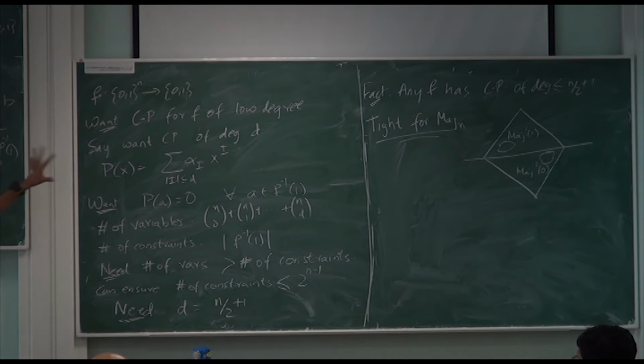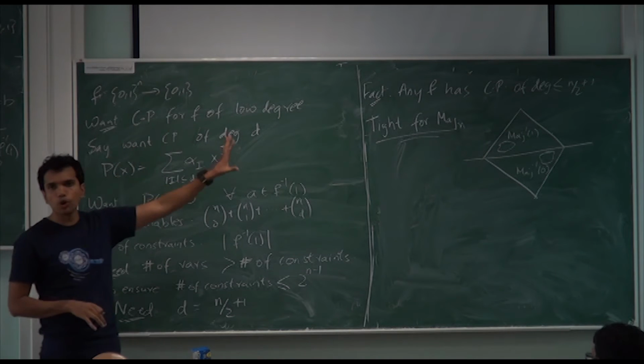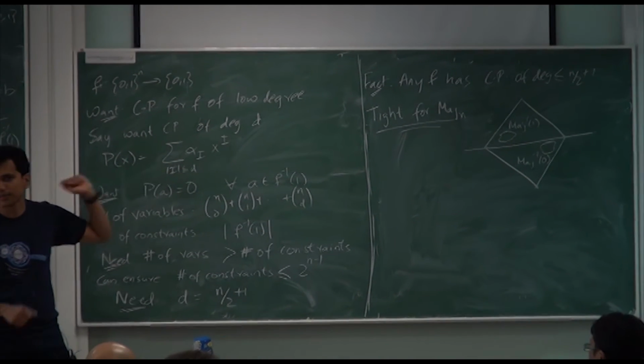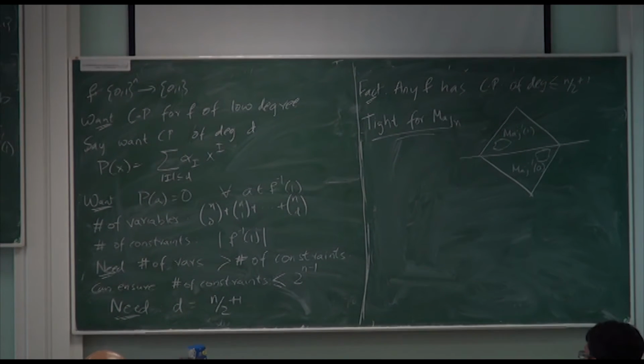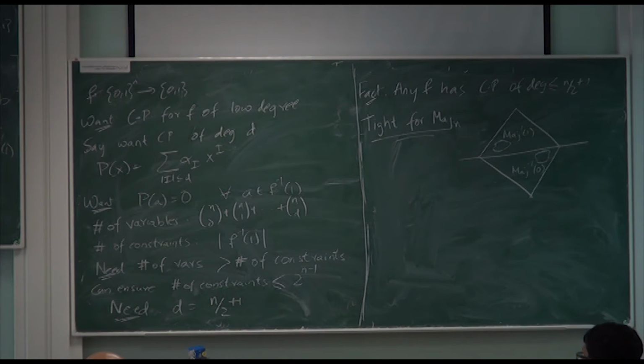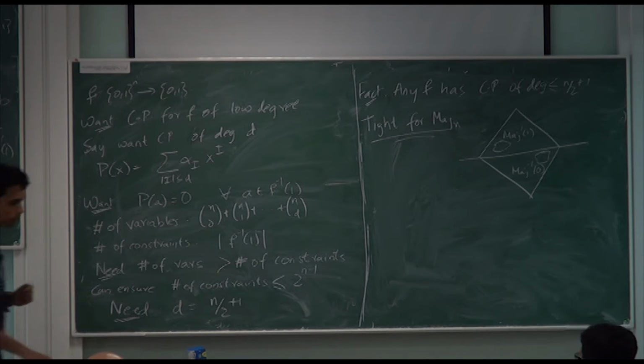Every function has a certifying polynomial of degree at most n by 2. For the majority function, this is the best you can do. So in some sense, it's a natural measure to prove lower bounds against majority. It turns out that if you're working on the -1, 1 basis over the reals, this is also true for the parity function. So it's also natural to prove lower bounds for parity using this and other things.